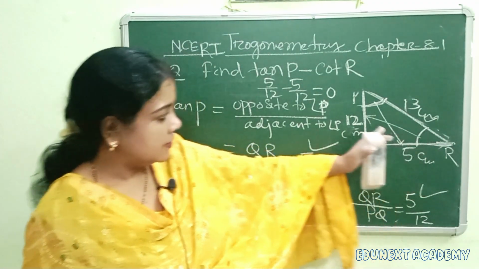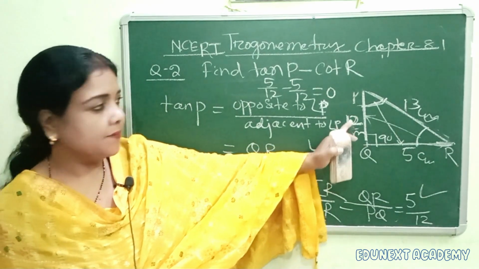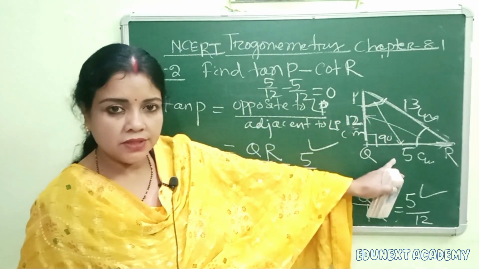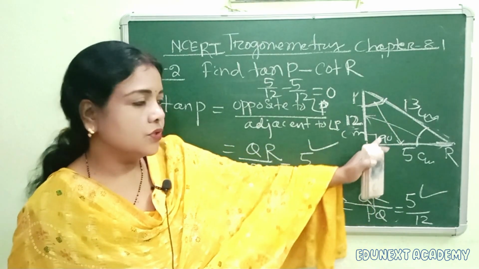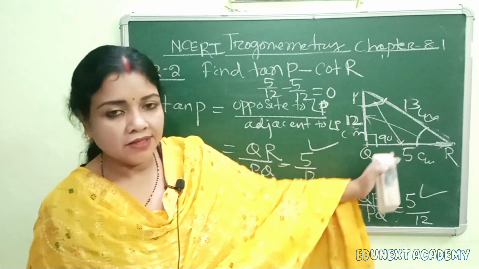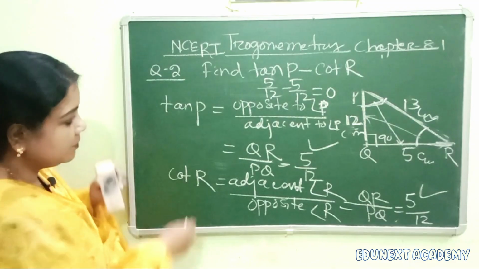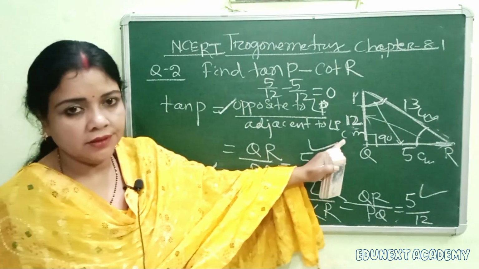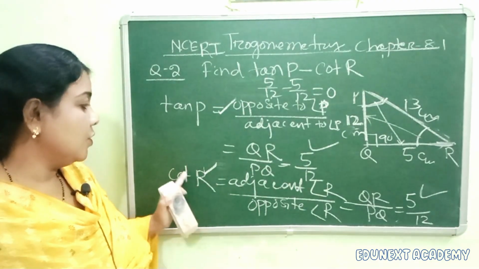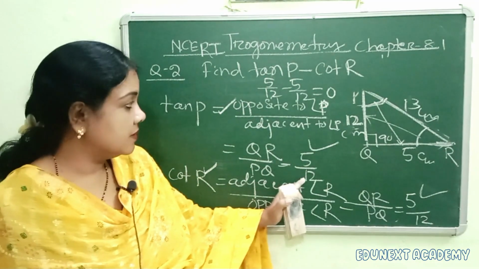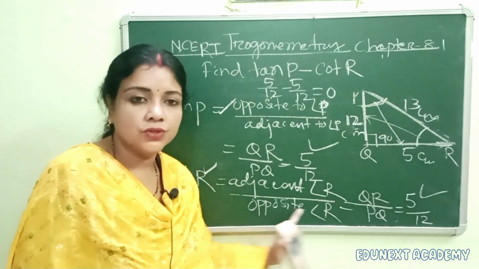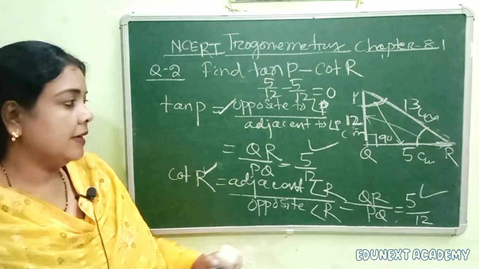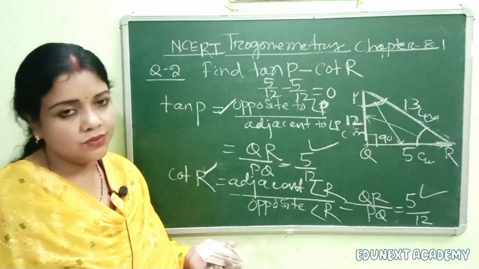If it is R, you need to consider the opposite side. If it is P, you need to consider the opposite side. Then you have to consider the adjacent side from the angle. You need to remember this formula: tan P is opposite to angle P over adjacent to P. Cot R is adjacent to R over opposite to R. So after calculation, I got the final answer 0.